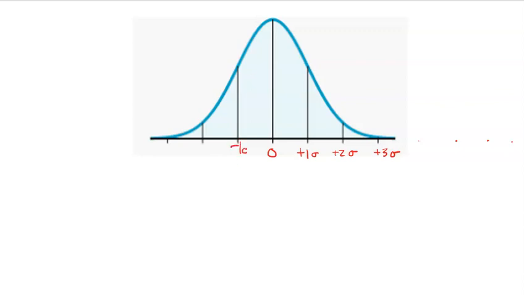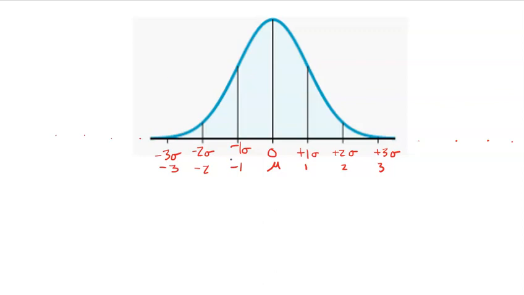Likewise, we could go down 1, down 2, or down 3 standard deviations, but again, it's very unlikely to be below 3 standard deviations. So the standard normal model has a 0 for the mean in the middle, and then a 1, a 2, and a 3 to go above, and a -1, a -2, and a -3 to go below.